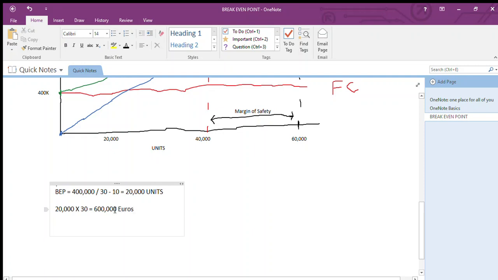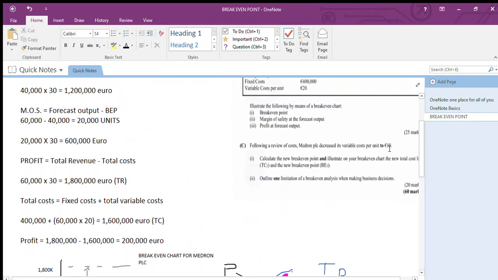The other thing that I had to show was my total cost line. So total costs are equal to my fixed costs plus my total variable costs. My fixed costs have stayed the same at 400,000. What happened to my variable costs? My variable costs were €20 per unit, but now, as I pointed out earlier, they've dropped to €10 per unit.